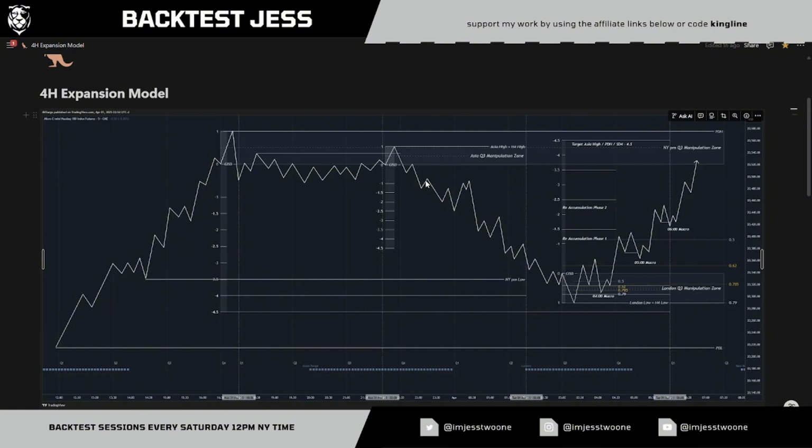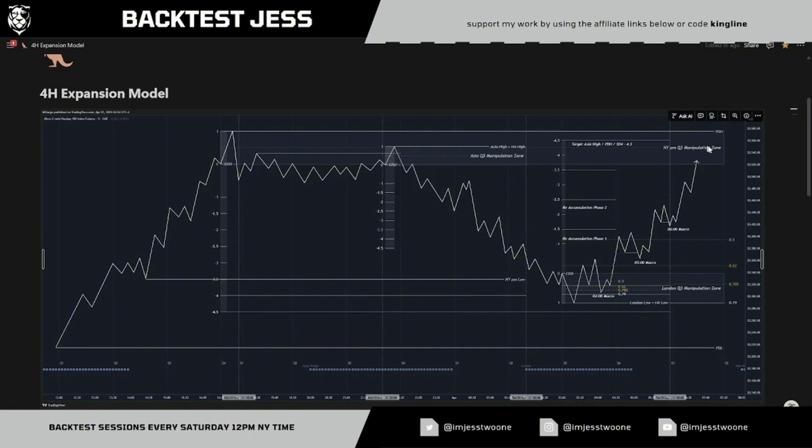Because we're waiting for the entry of 4, SBS 4, for when the sweep of 2 happens. And we said, okay, no harm, no foul. Then we just get stopped out BE, and then we re-enter 4 or 5. That's great. But the targeting will always be off of the actual manipulation zone that we're using. So here we get the entry in Q3 as well.